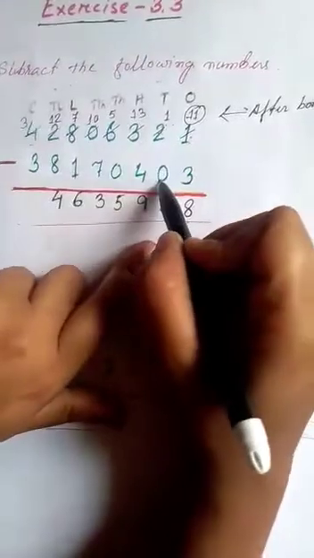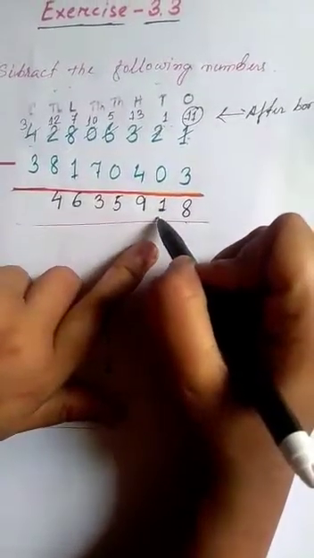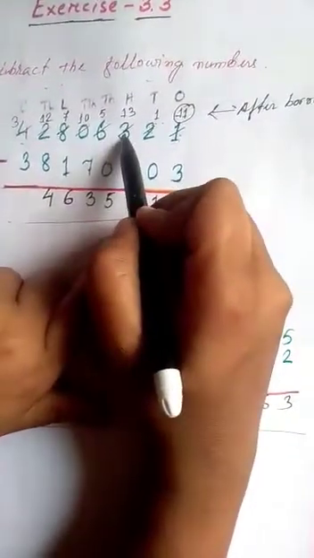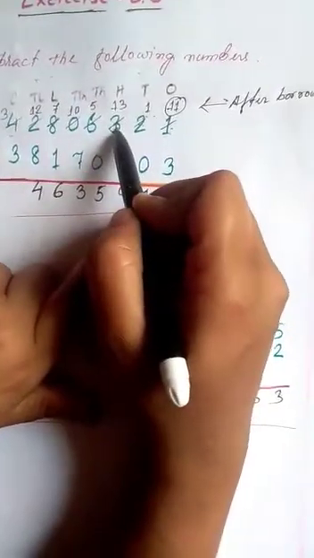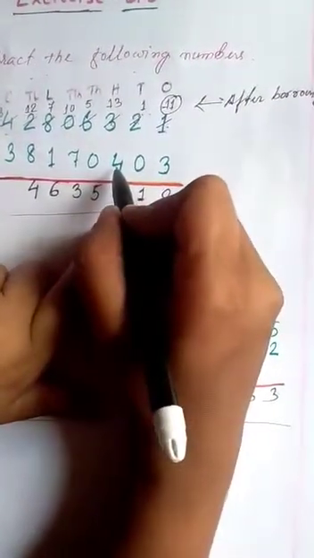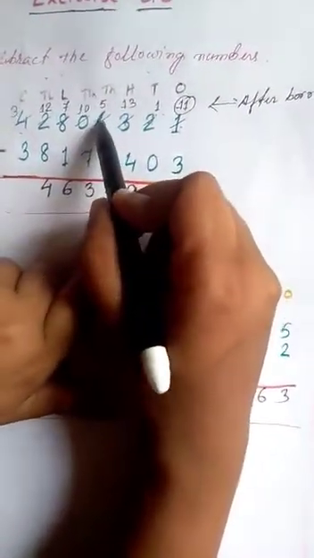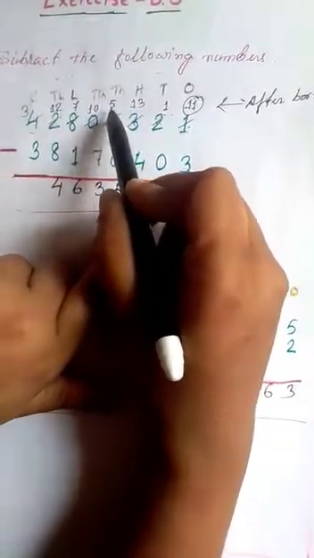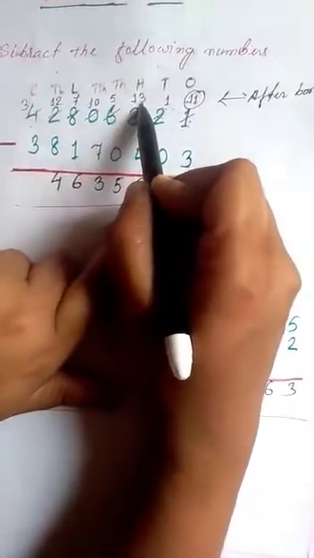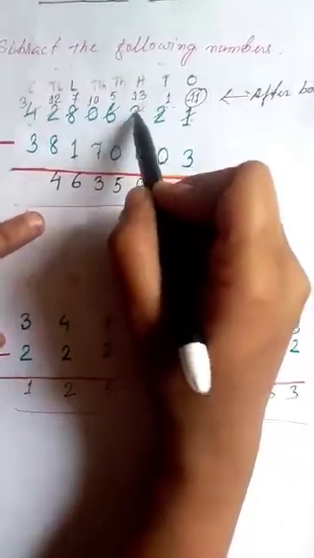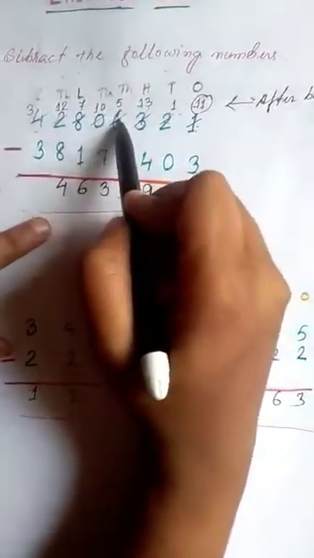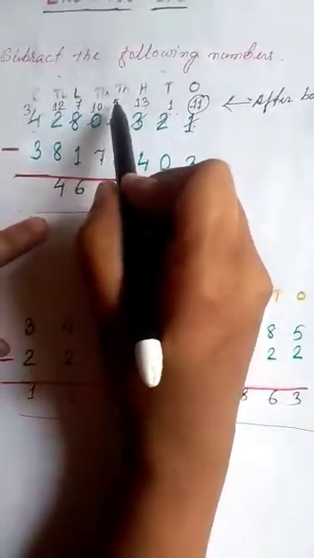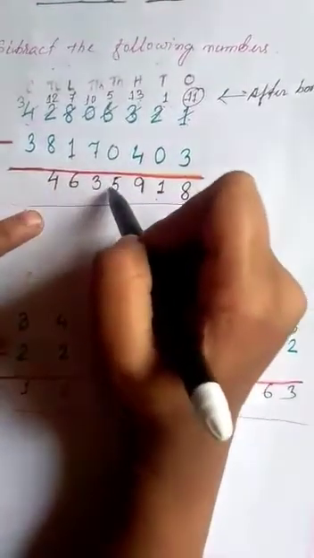So 1 minus 0, you will get 1 according to the property. Now here you can see 3, we cannot subtract 4 from it. So we have to take 1 from the thousands place digit. It has become 13. 13 minus 4 is 9. And here 6 has become 5. So 5 minus 0 is 5.